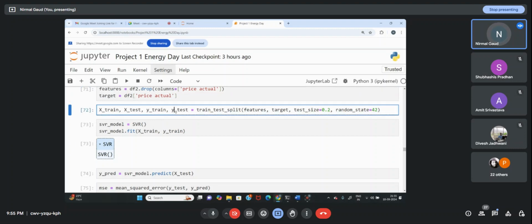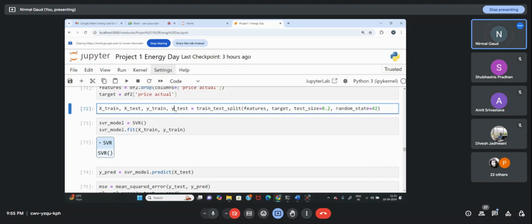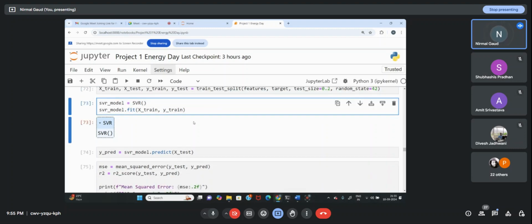I divided the data into train and test, and here I put X train, Y train in SVR. Remember, this is a pro tip. Some people might know this project, but unless you apply the correct strategy, you will fail. You have to execute the entire process with planning.